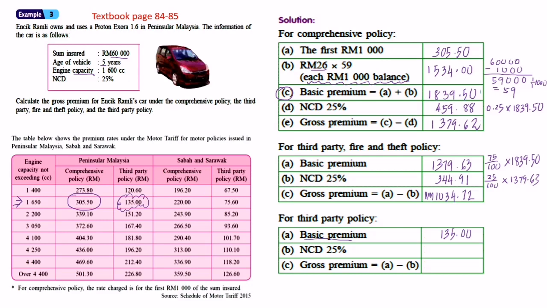The NCD is 25% of the basic premium. So 25% times 135, then you will obtain 33 ringgit 75 cents. So the gross premium, as usual, is basic premium minus the NCD, so equals 101 ringgit 25 cents.